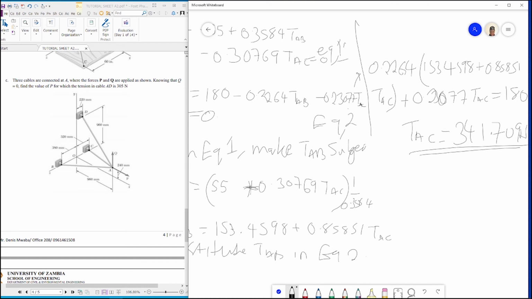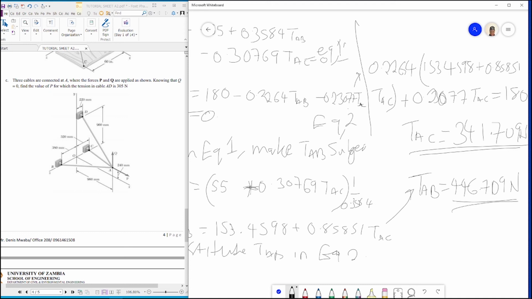That's your TAC. And if you substitute it in the equation we formed to get your TAB, you find that your TAB will nicely come out to be 446.7109 newtons.